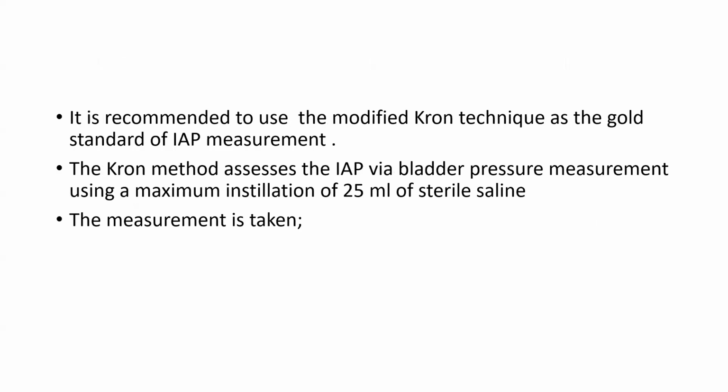It is recommended to use the modified Kron technique, which is the gold standard technique for IAP measurement. The Kron method assesses the intra-abdominal pressure via bladder pressure measurement using a maximum instillation of 25 ml of sterile saline.